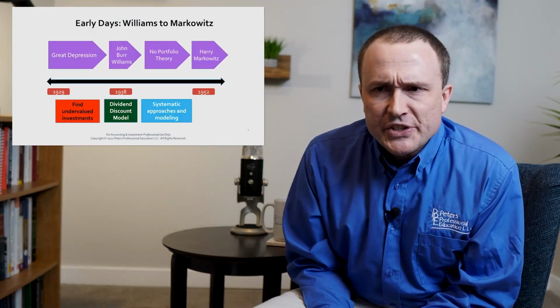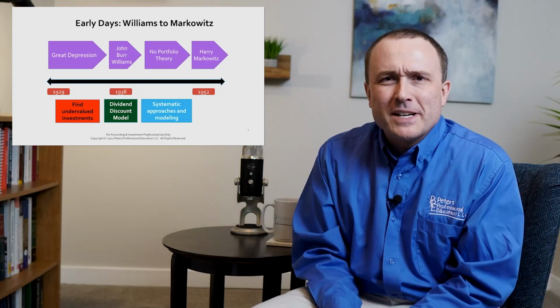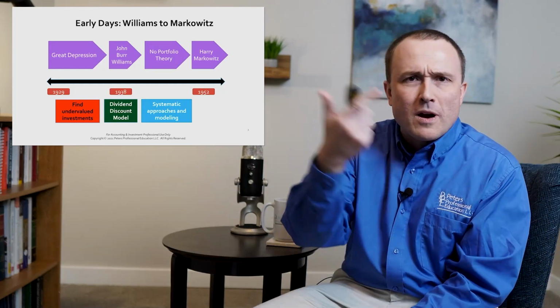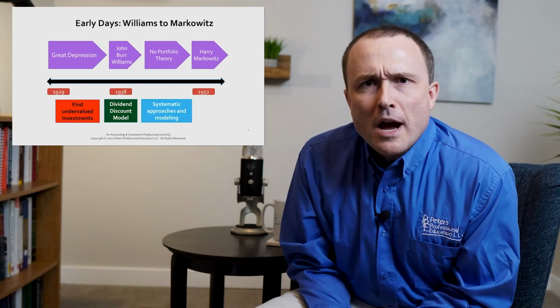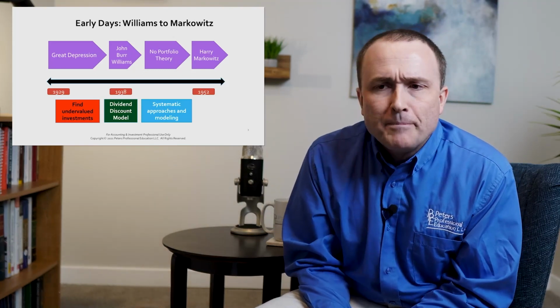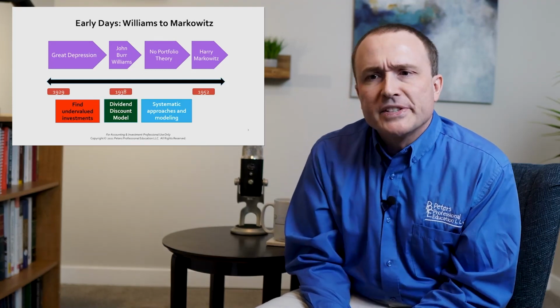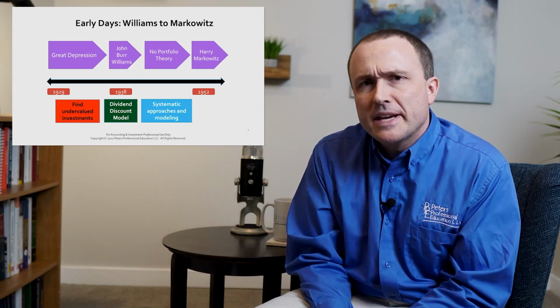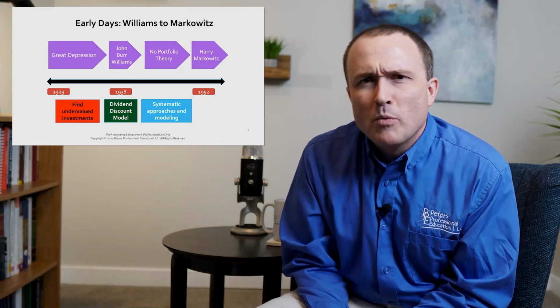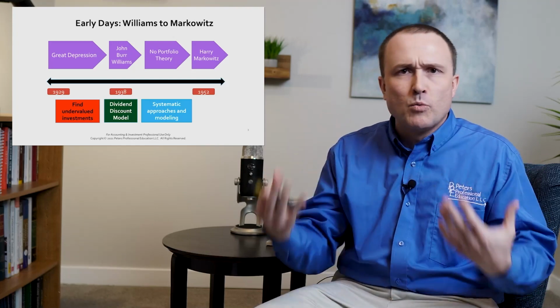So the place that we get to start is the Great Depression. We start with the Great Depression because that was really before a lot of our more modern understandings of portfolio building came about. During the Great Depression, really the idea was to find undervalued investments. And what we meant by that was: what investments do we think people are going to want?